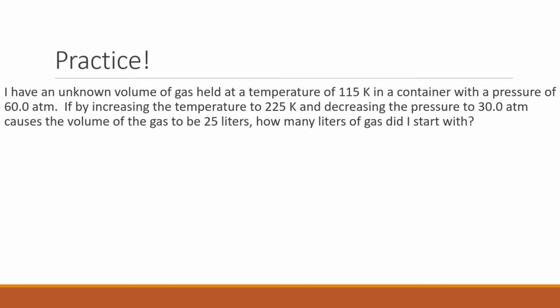And there's a lot of words in that problem, but we can take our equation and we can look at this and apply what we know. We've got a temperature value, right? This is before a change.